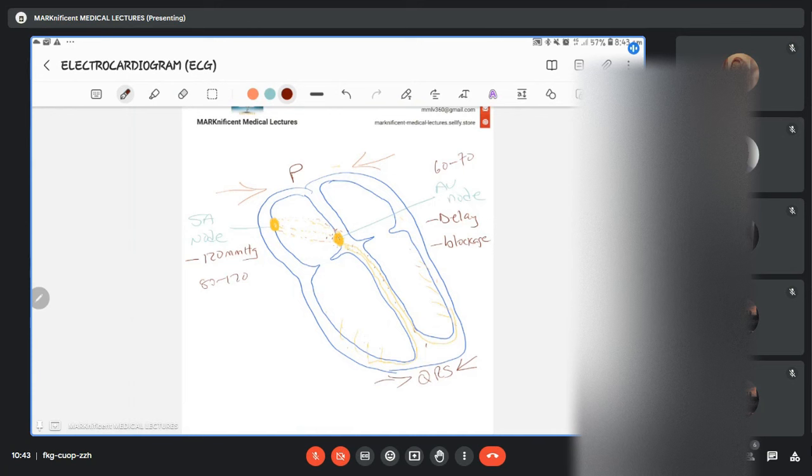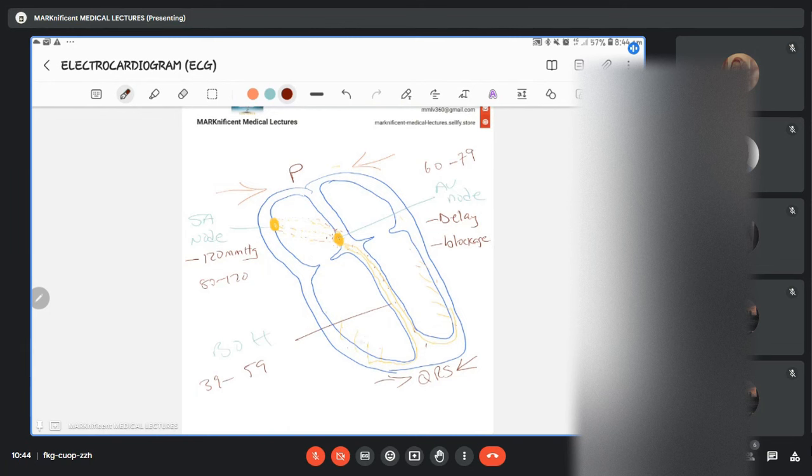Yeah, thereabouts. Not 60 to 70, I mean, it is 60 to 79. Then the bundle of His also generates its impulse, which is around 39 to 59.